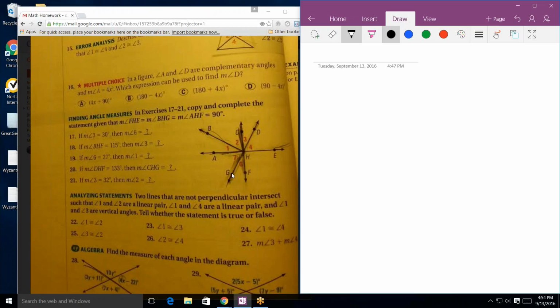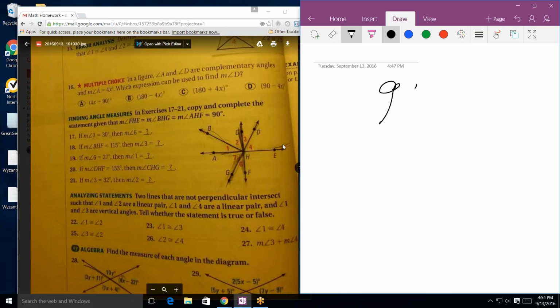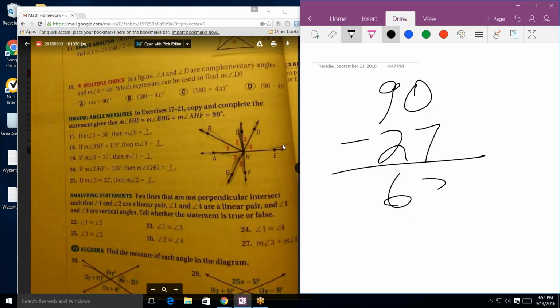Well, let's see. You said 3 was 27, making 4 not 73, but 63. Again, when you're subtracting numbers from 90... No, I said 63. Ah, you did. Okay.